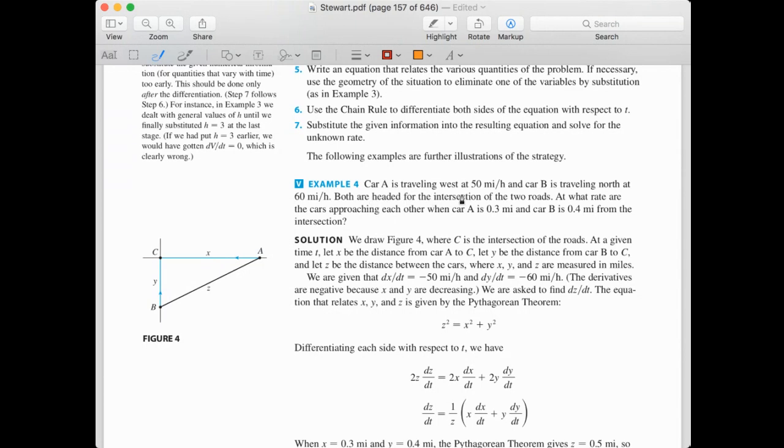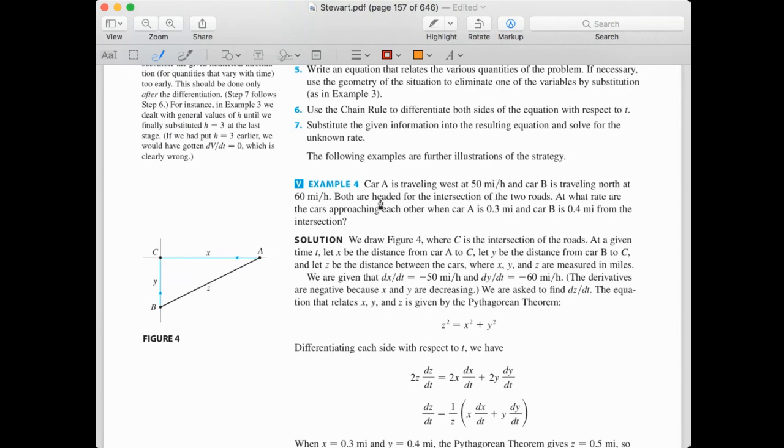Car A is traveling west to the destination C, and car B is traveling north, also to the point C. Car A is traveling with a speed of 15 miles per hour.